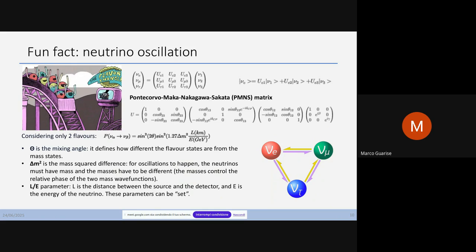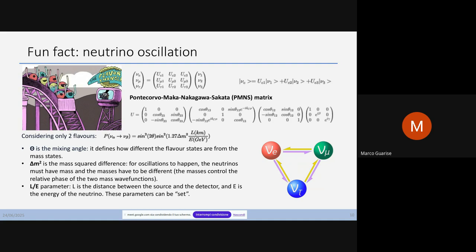And the matrix here is the so-called Pontecorvo-Maki-Nakagawa-Sakata matrix, PMNS, which allows us to express one basis in terms of the other. So, the electron neutrino, for example, in terms of ν1, ν2, and ν3.